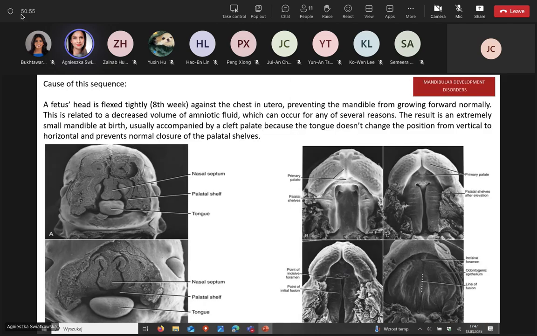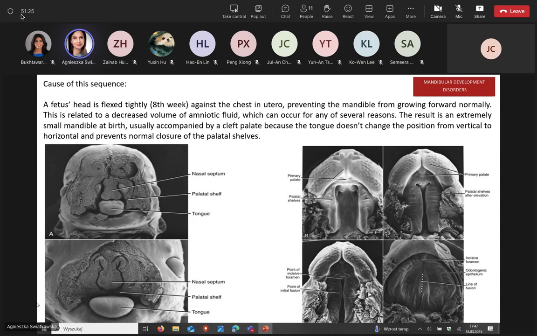Why do we observe this sequence? I told you many times about this: if there is a decreased volume of amniotic fluid, the fetal head, which is bent to the chest at 8 weeks, couldn't change its position to a more vertical one.